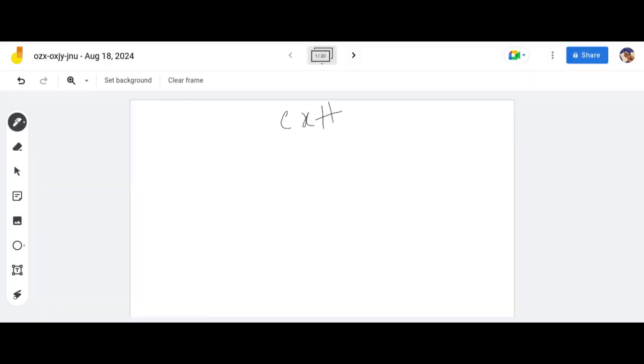Exercise 3.4, question number 1, part A. You just have to write the answer, not the whole statement. The first one is false. And what is the reason?